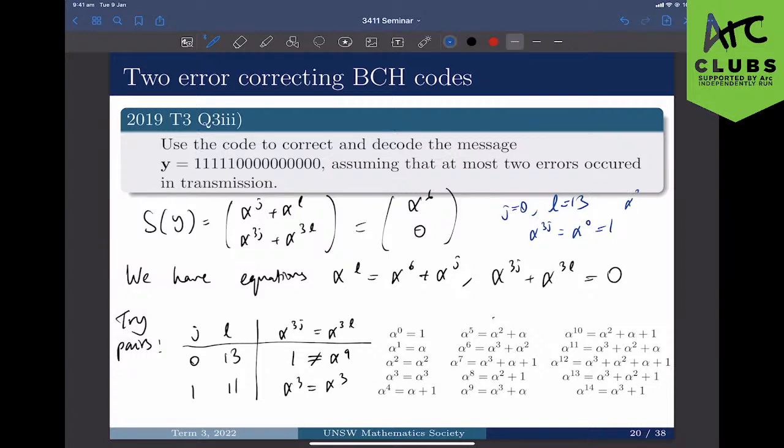And alpha to the power of 3L is alpha to the power of 39. Since I think alpha to the power of 15 is equal to 1, this is equivalent to alpha to the power of 9. And that is definitely not equal to 1. So we know that this case definitely doesn't work.